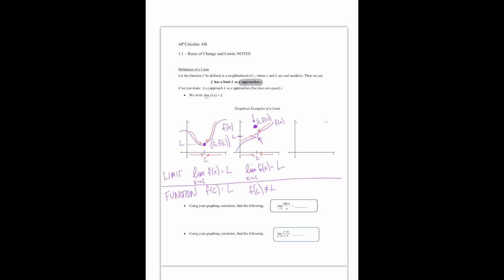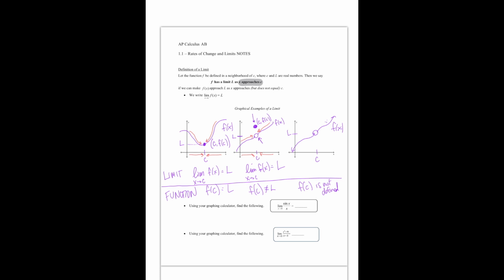Okay, so what about this third example over here? What if I just had this point discontinuity? I'm calling this f of x. This is still c, this is still L. Here, f of c is not defined. When you try to plug c into that function, nothing happens.